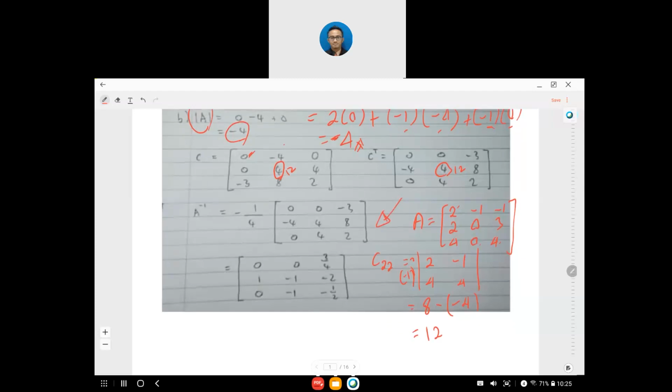Okay, so negative 1 over 4 times by 0, 0, negative 3 and so on. Then you multiply it inside. Okay. Any problem? Question B before we proceed to question C.